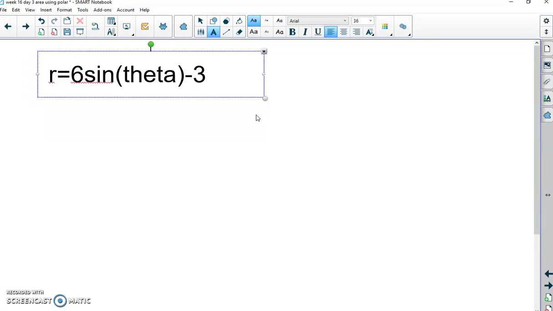Yeah, let me make sure I like this. Yeah, try this one out. I want you to try and draw this including any loops or any moment where it might go through the origin. Okay? So I'm going to hit pause for you guys to try this out.